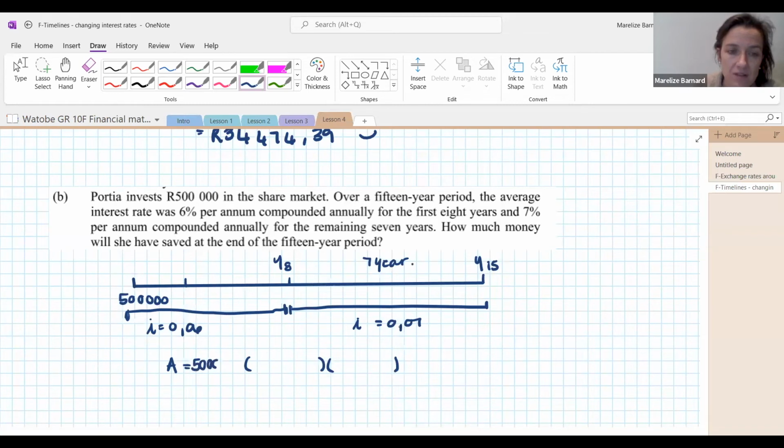So our 500,000 is going to grow at 0.06 for the first 8 years, so we raise it to the power of 8, and then we grow it at 0.07 or 7% per annum for another 7 years. So together the 8 and the 7 make 15, but because it's different interest rates, we do an 8-year period and a 7-year period.